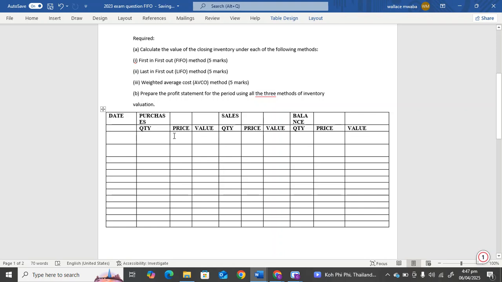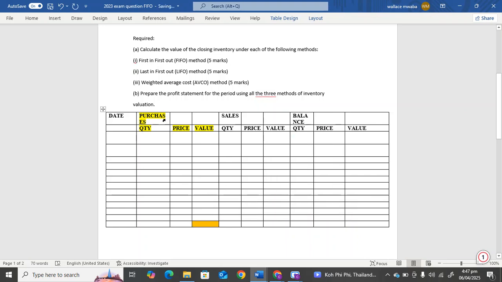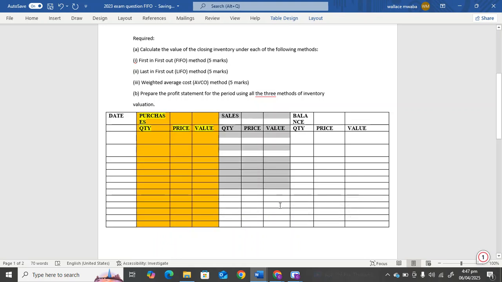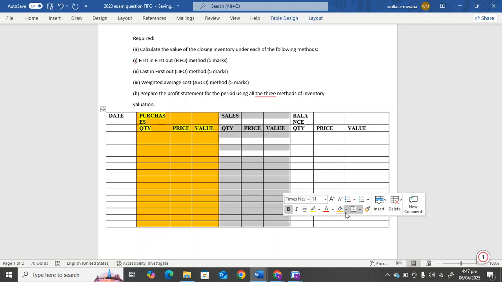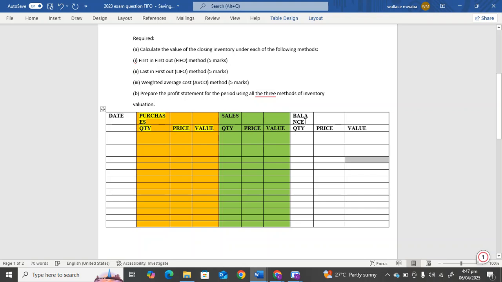It's got three main columns: your purchases column, your sales column, and then your balance column.